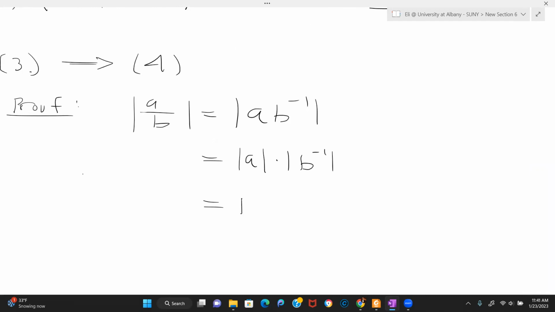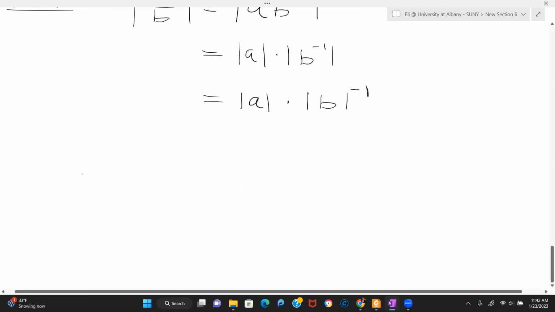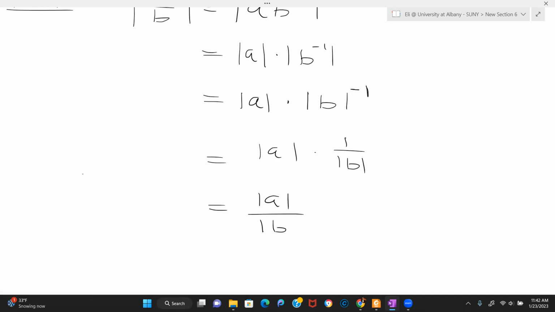There's one step: B inverse, you can pull it out of the absolute value. That is one thing that you do have to argue. But assuming that is true also, you can write it like this. And that proves 4.